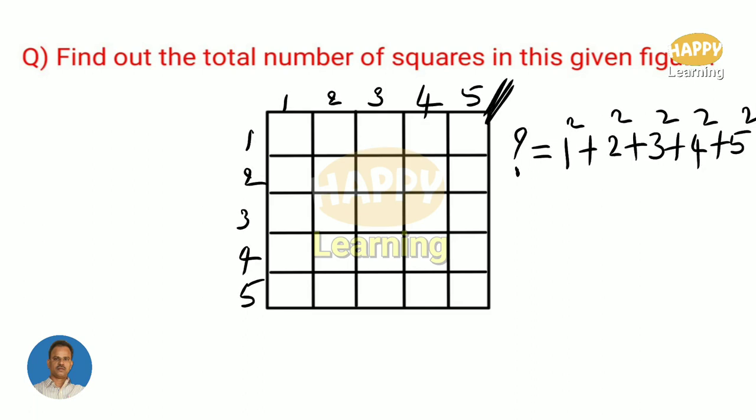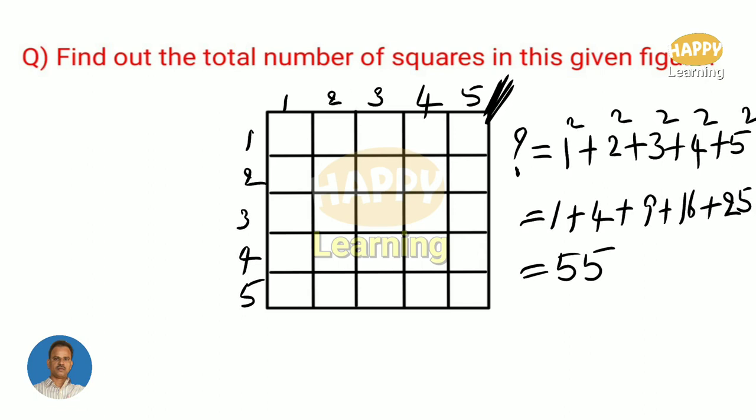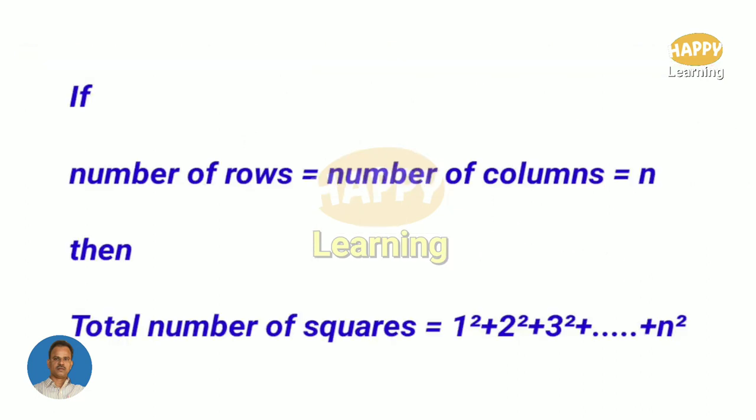The maximum number here is 5. So that is equal to 1 plus 4 plus 9 plus 16 plus 25, which is 55. So the total number of squares in this figure is 55.